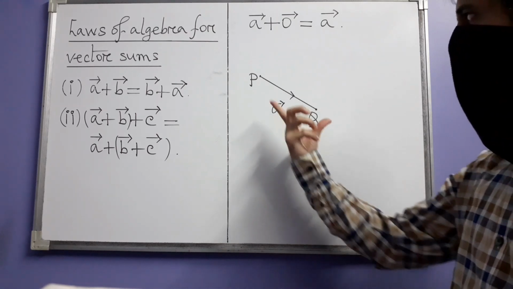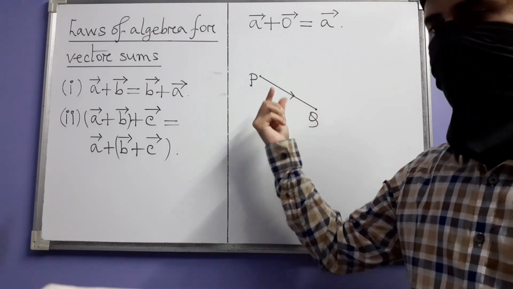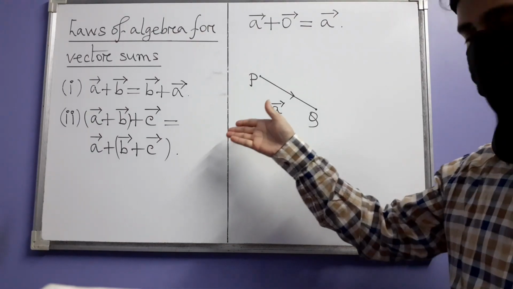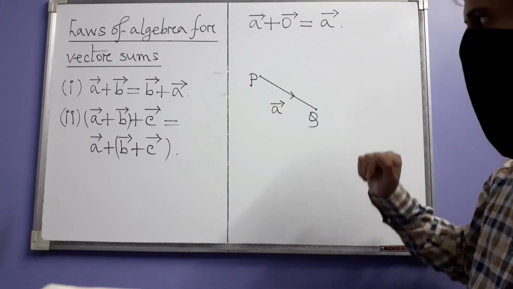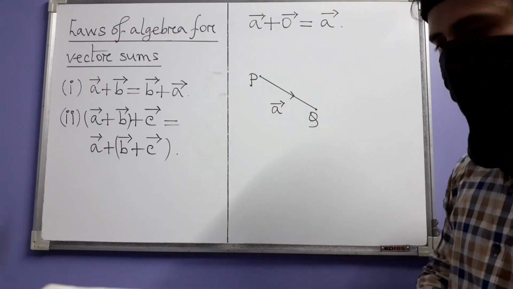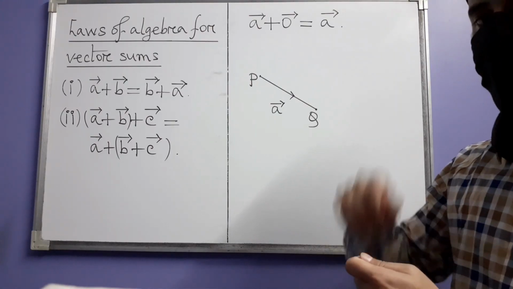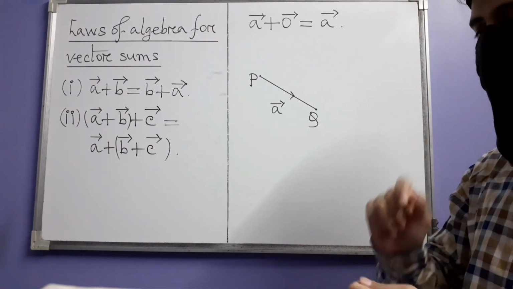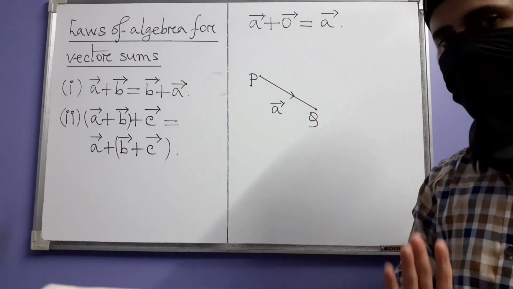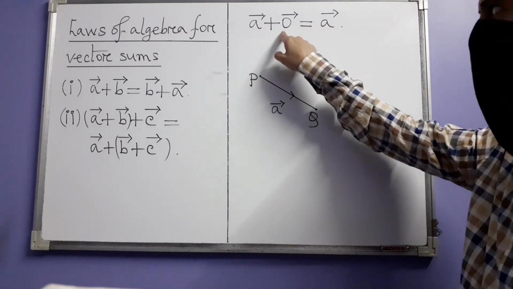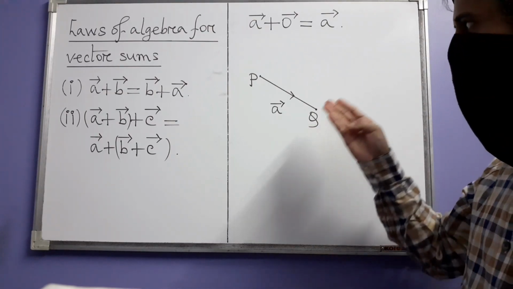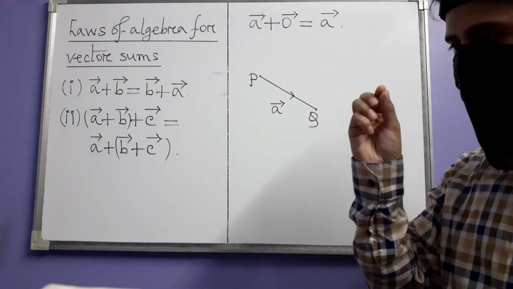Let's see. Say PQ is a representation of the abstract vector A. But then you saw the definition of addition just now. What do you do for the other vector? You think of QR. That R, where it will be located, depends on what that other vector is. Because that other vector in this case is the 0 vector, which is represented geometrically by a point.